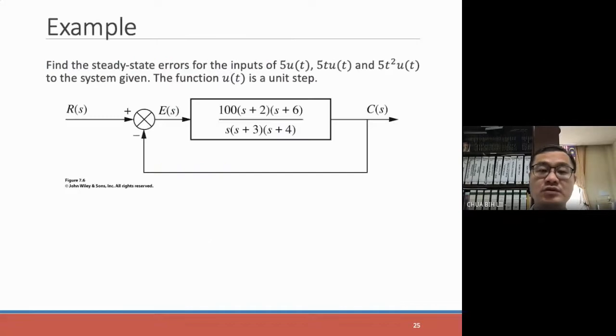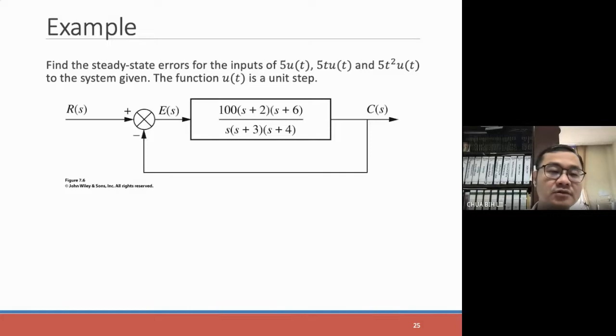So it changes according to the type of input. That's why, when we know all this, we know that the input and the system have a relationship, so that they are matched to produce the kind of steady state error that we want.